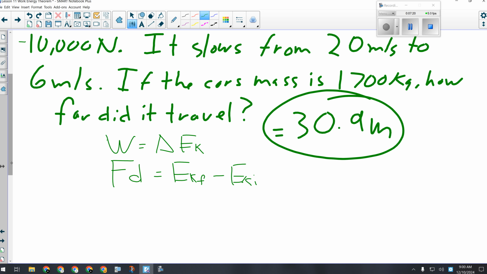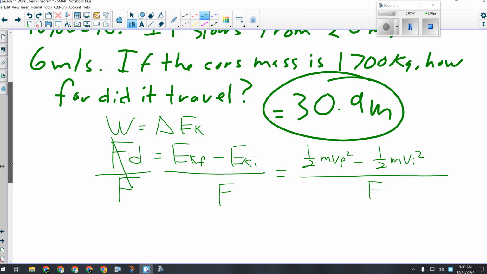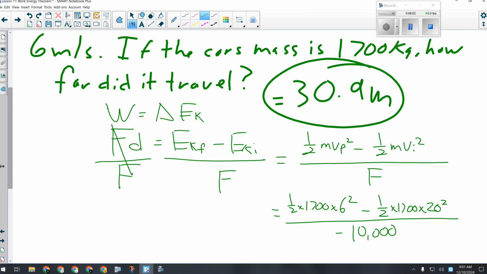So we are going to divide both sides by force. Bring it over here. That's going to give us 1/2 times mass times final speed squared minus 1/2 times mass times initial speed squared, divided by force. Everyone all right with that idea? When I plug in my numbers, we're going to have 1/2 times 1,700 kilograms, the mass of the car, times 6 squared, because it's slowed down, final is smaller, minus 1/2 times 1,700 times 20 squared, divided by negative 10,000 newtons.